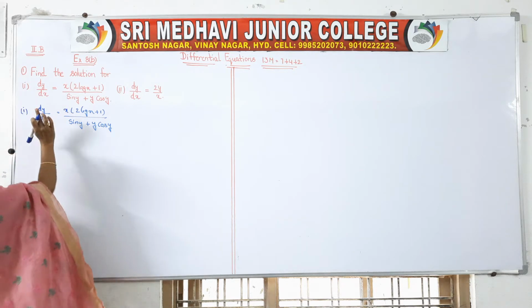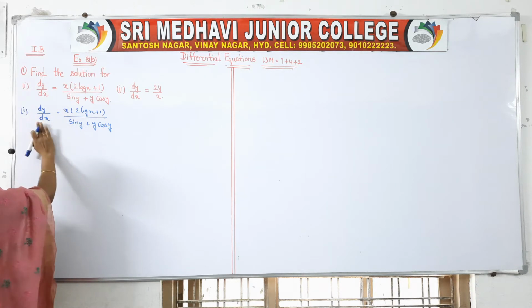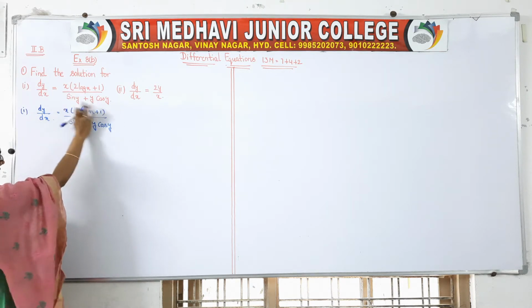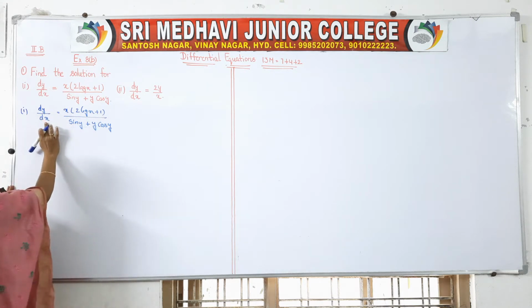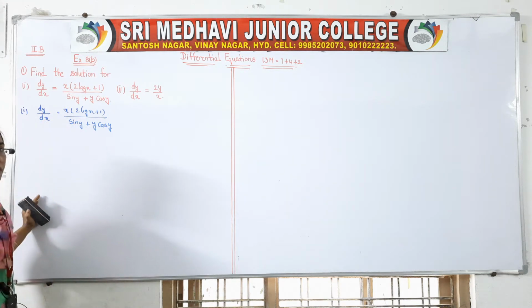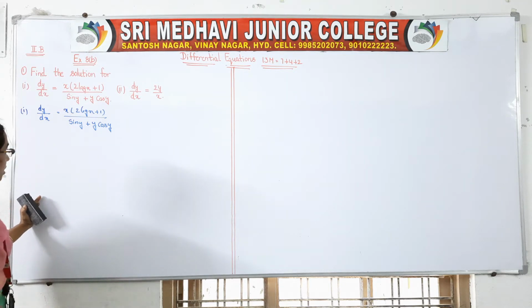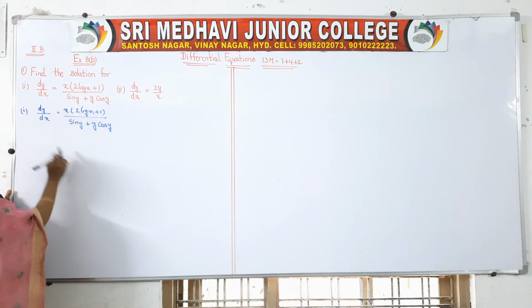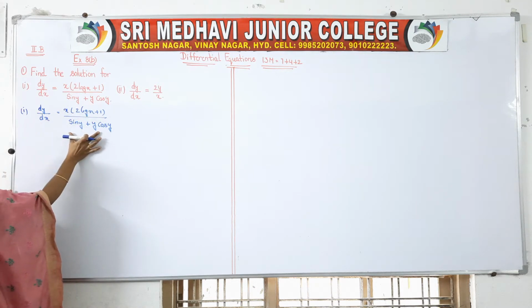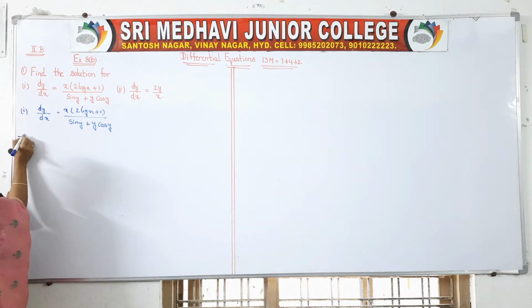So dy is there, so send all these y terms to this side and all x terms are here. That's why send this dx to that side. Dy by dx, all the y terms into dy, all the x terms into dx we have to write. So send dx this side so that all are x terms, and this is dy, so send these y terms to the other side. Then what happens?